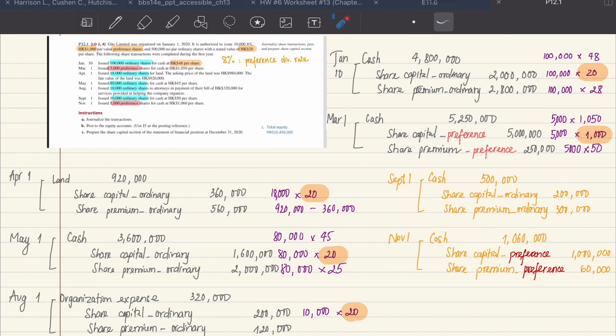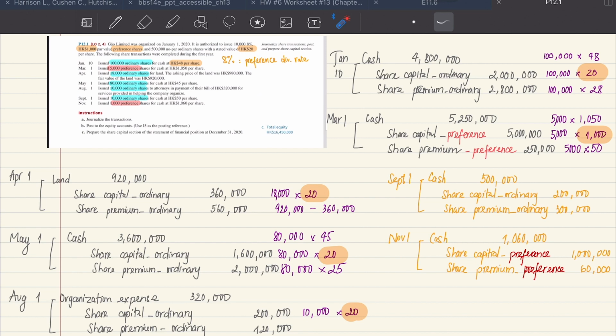Okay, and go to the second one, March 1st. Here they said 5,000 preference shares at 1,050 per share. Okay, but for preference share, the original price would be 1,000 Hong Kong dollars here, as we see.